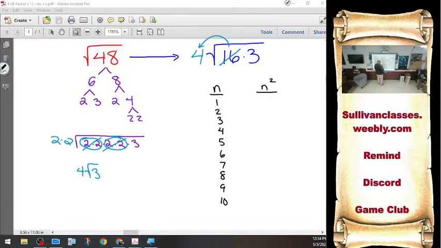What's 1 squared? Meaning 1 times 1. 1. What's 2 squared? 4. 3 squared? 4 squared? 16. Don't jump the gun. 25. 36. Yup.